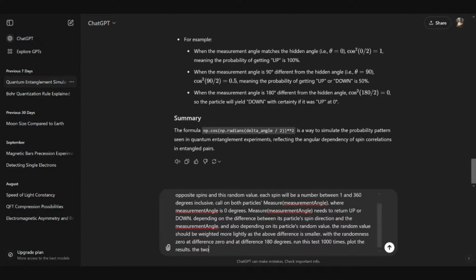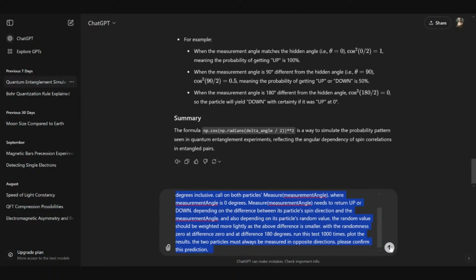The two particles must always be measured in opposite directions. Please confirm this prediction.